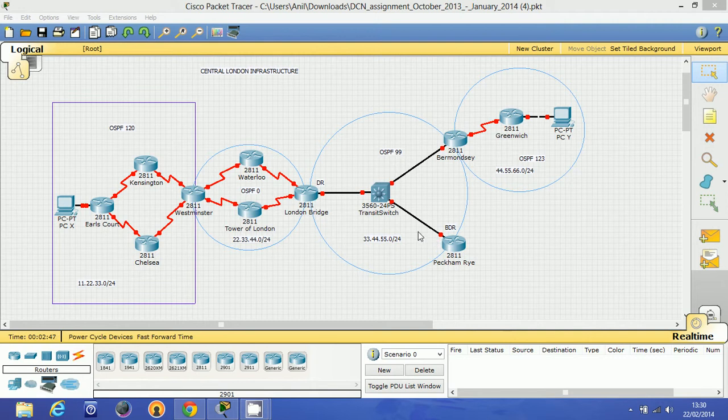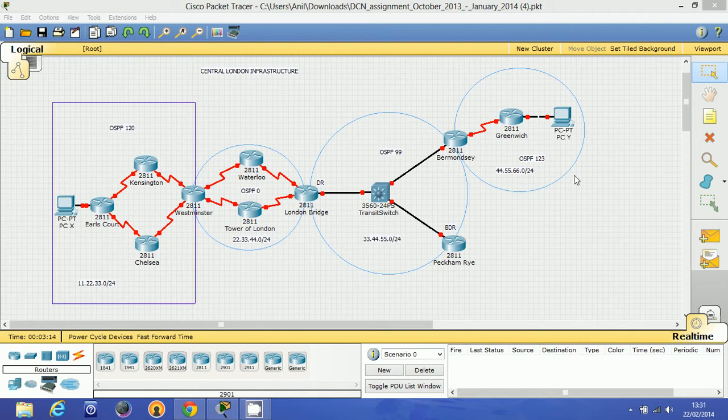This is actually an autonomous system. Let me give you an example of an autonomous system. The computer systems in a library, in a university, in a corporate environment, that is an autonomous system.